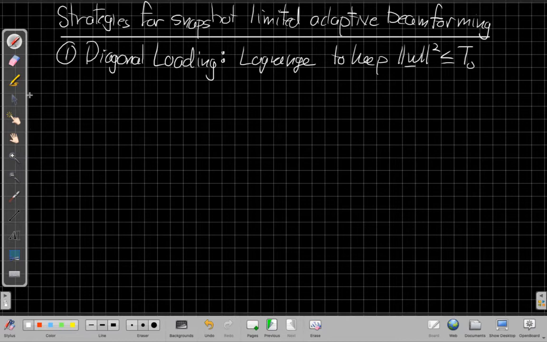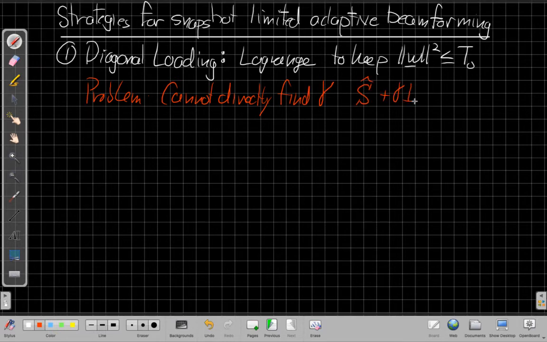And the problem with this, pause again and see if you can remember the problem before I tell you. It's always good to build stronger memories by challenging yourself to remember. All right, one problem is we cannot directly find the gamma for diagonal loading, when I go to S hat plus gamma I. We cannot find it directly as a function of T naught.